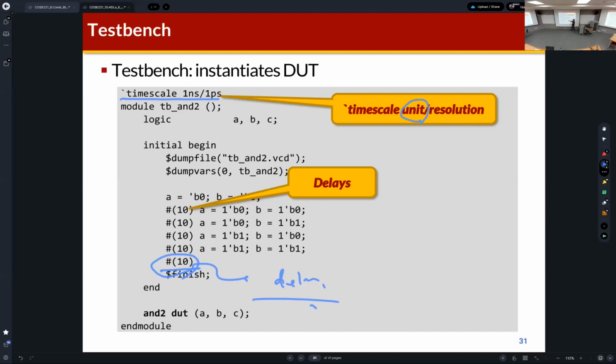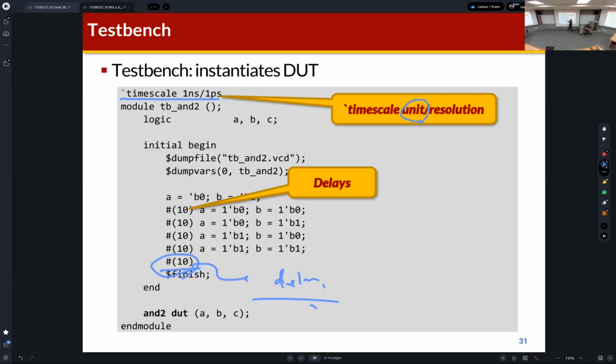And then this is the delay. I just use the number, not the time unit. This is the timescale unit, and this is the time, so the delay is 10 nanoseconds, because in this code we use 1 nanosecond as the default time unit.